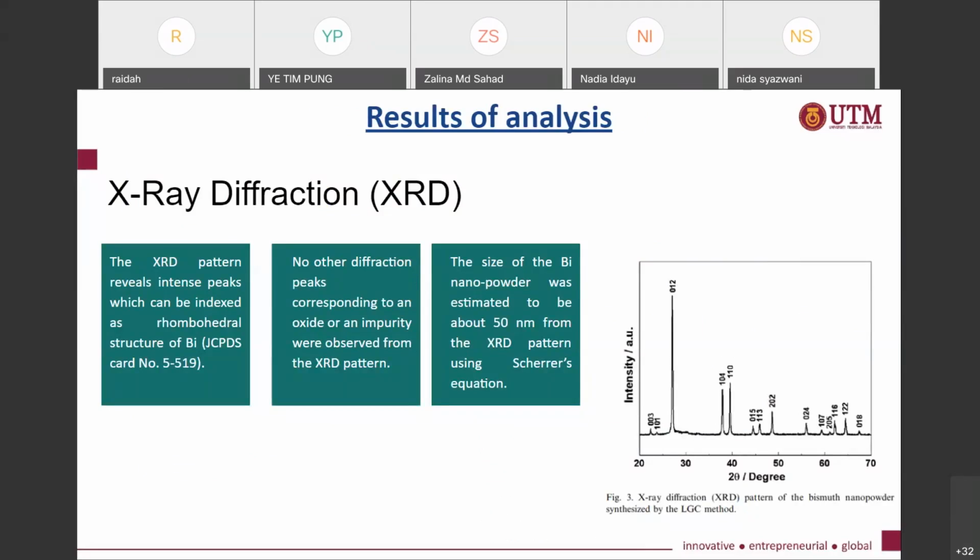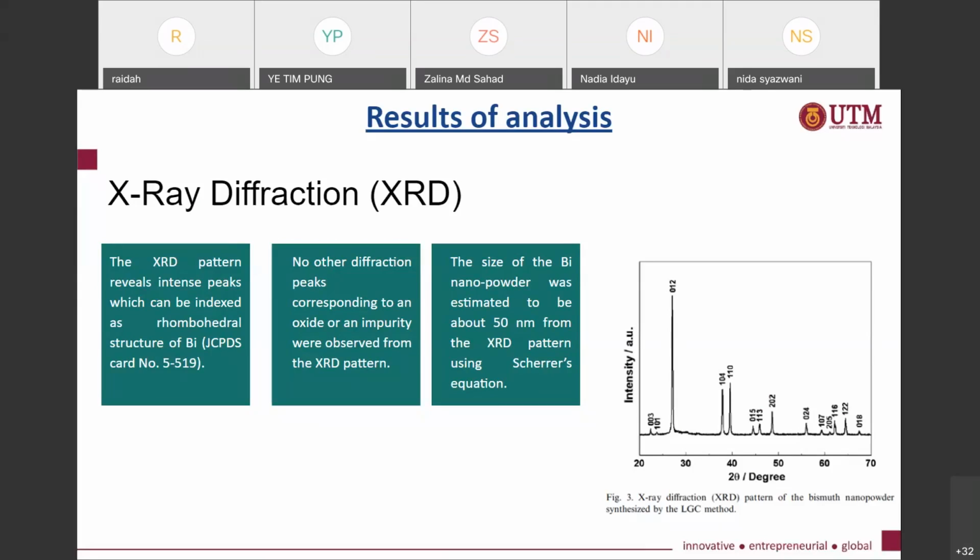The first analysis is the XRD analysis, in which a crystalline phase of bismuth nanopowder was confirmed by XRD investigation, as shown in figure 3. It is clearly seen that the XRD pattern reveals intense peaks which can be indexed as the rhombohedral structure of bismuth.